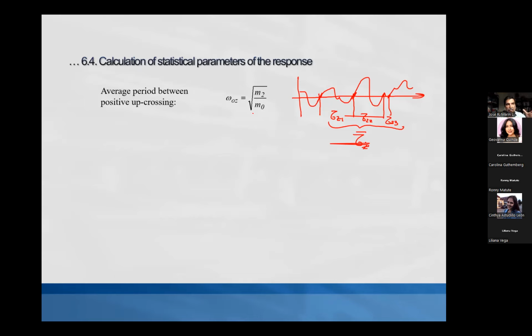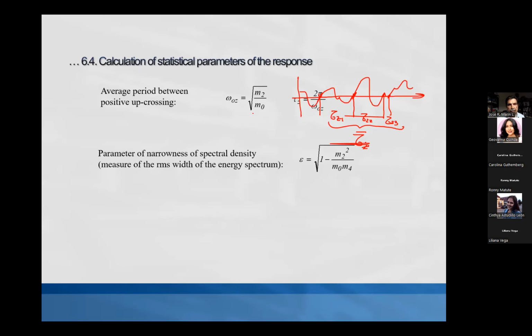So when you talk about average period, you have to be careful. Is this just the average period, or the average period between crests, between zero upcrossings, or what? Similarly with the height: is this the average height, the significant height, or the average of the 1/10 highest? They have different meanings, so we have to be careful when we specify that.